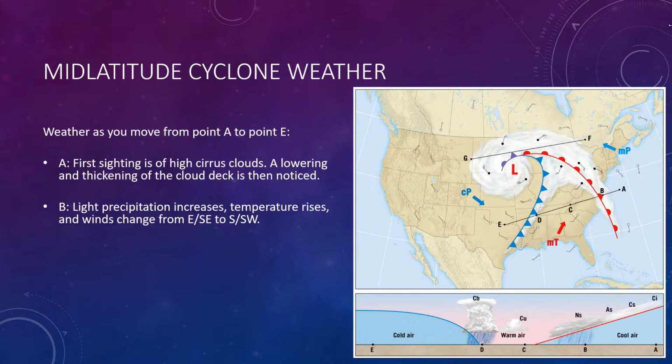Usually within 12 to 24 hours after the first sighting of cirrus clouds, light precipitation will begin, as it does at point B. As the front nears, the rate of precipitation increases. A rise in temperature is noticed, and winds will begin to change from east or southeast to south or southwest. So you can see this here. Winds are coming in from the east or southeast, and now they're going to change to be coming in from the west or southwest.